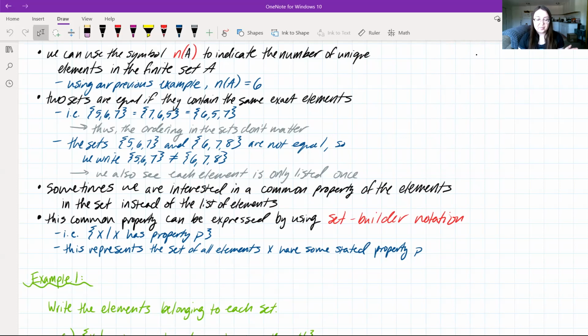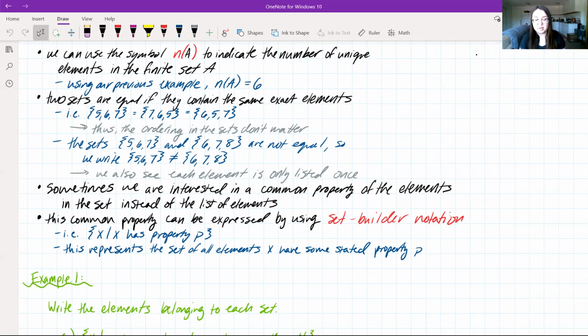So the sets of 5, 6, and 7, and 6, 7, and 8 are not equal, so we write the equal sign with a slash through it: the set of 5, 6, and 7 is not equal to the set of 6, 7, and 8. And this is because 5 is not in the second set, and 8 is not in the first set. They don't have the exact same elements, so therefore they are not equal. Even though they share elements, this doesn't make them equal.